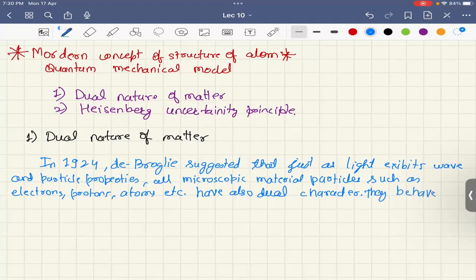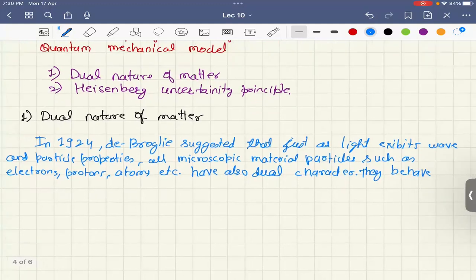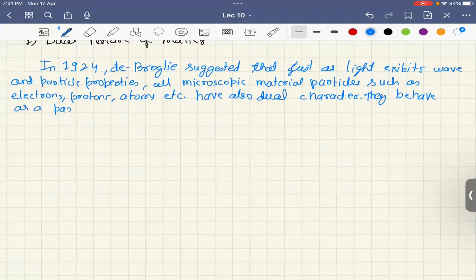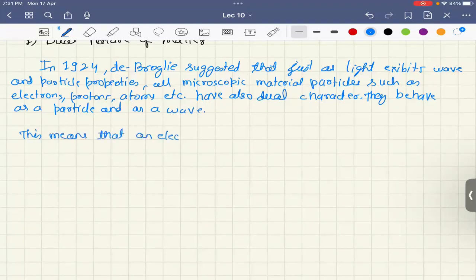This means that an electron, which has been regarded as a particle, also behaves like a wave, right?